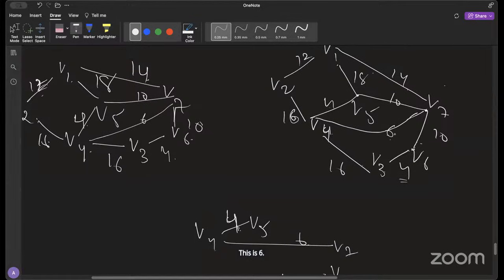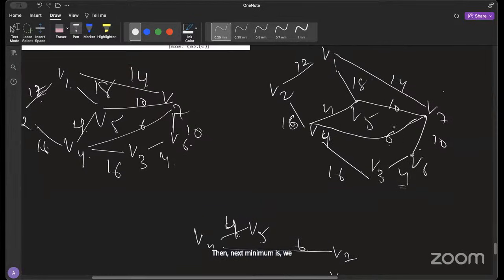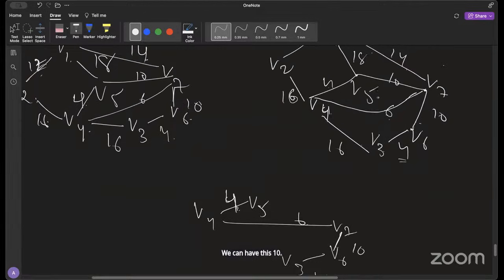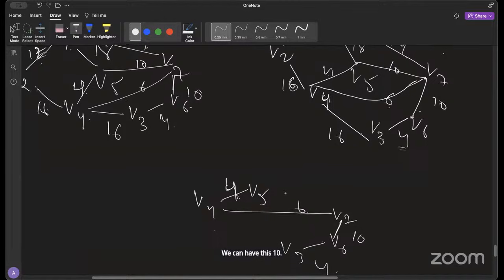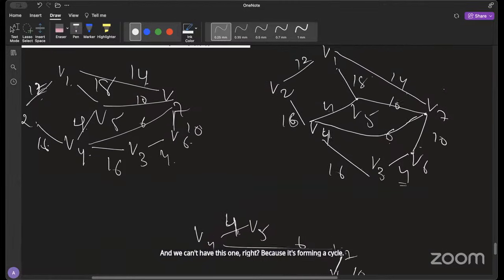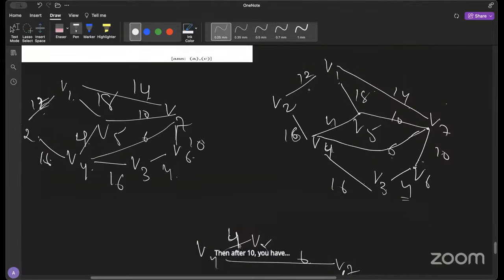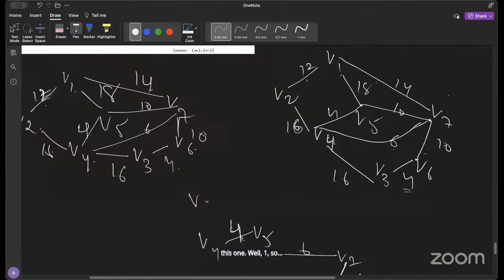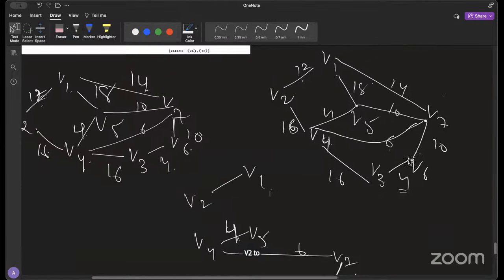We're done till 6, right? Next is 10. So V5 to V7 or V6 to V7. We can have this 10, and we can't have this one, because it's forming a cycle. Then after 10, you have 12, V2 to V1.